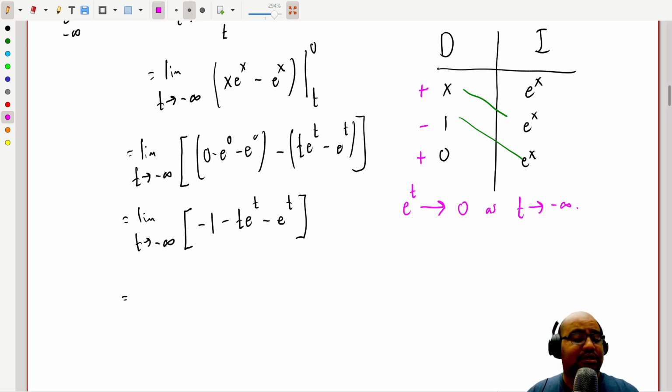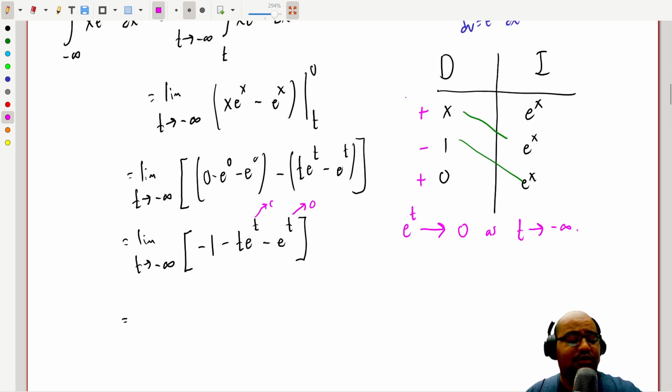So what does that mean? This last term here goes to 0. This middle one also goes to 0, because we have a polynomial against an exponential, and the exponential gets small enough faster than the polynomial. So all of this goes to 0.